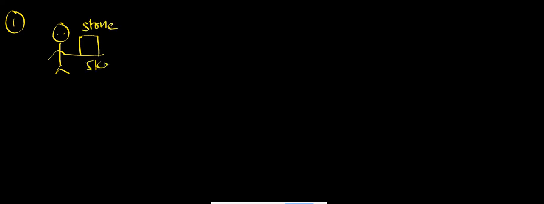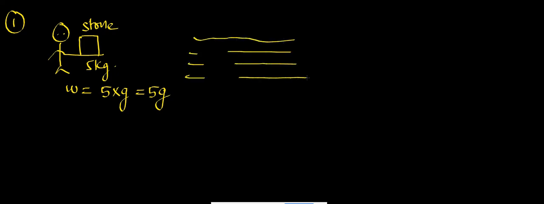So certain important things related to Archimedes principle. So first one, let it be you who is holding the stone. Let us assume that it is having 5 kg. So what will be its weight? 5 into g, 5g, m into g, right? Yes, ma'am. This is weight. Now let us take the water. Now this is same you, Gautam. You are inside the water now and you are holding the same 5 kg stone.